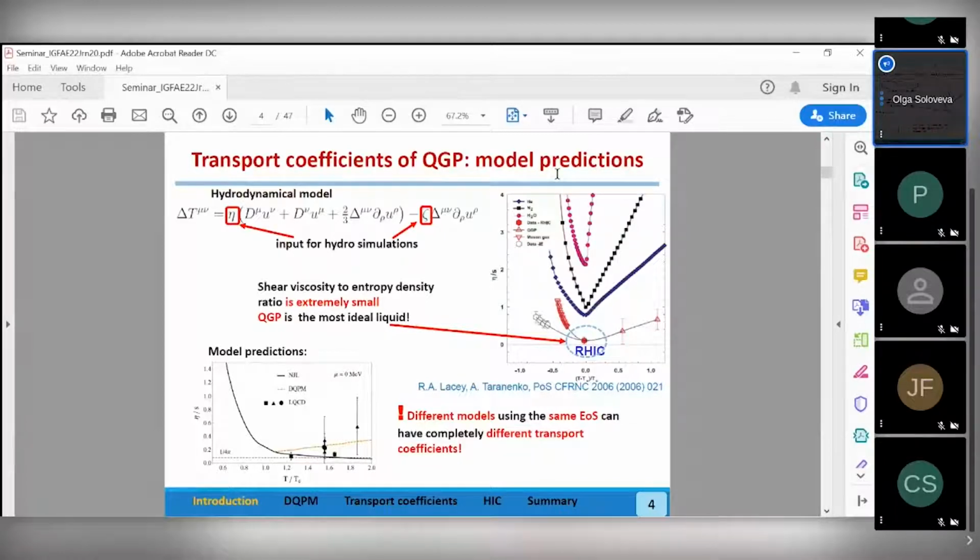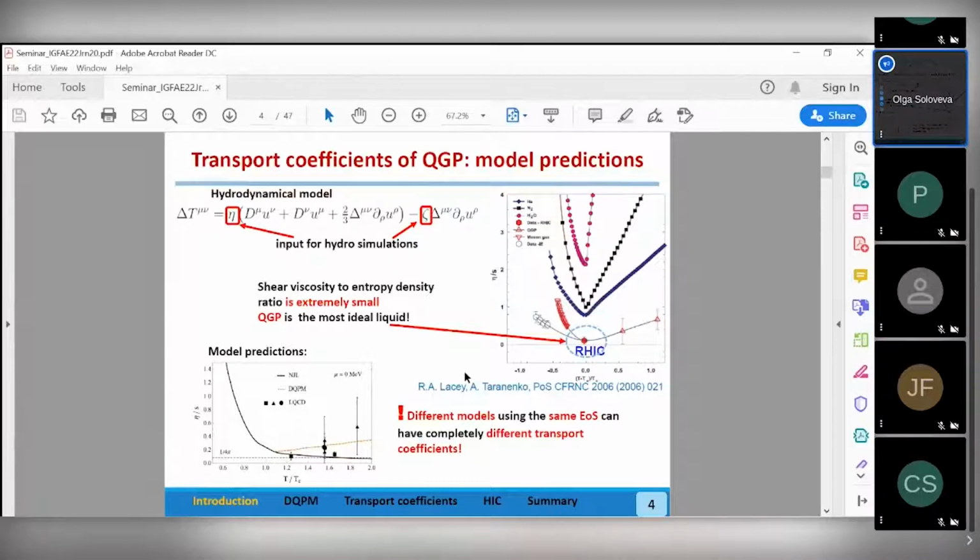As you can see, all these liquids have a minimum near the phase transition. Here is T minus Tc divided by Tc, which tells us that these transport coefficients can be useful for the study of phase transitions.